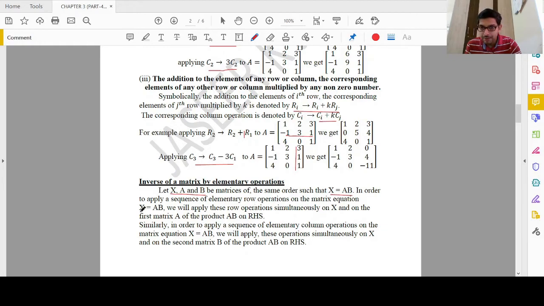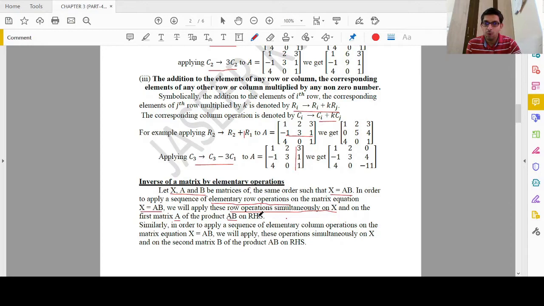So X is equal to AB is a matrix equation. So in order to apply a sequence of elementary row operations on this matrix equation, it is needed to apply this row operation simultaneously on X, that is the left hand side matrix, and on A only, that is the leftmost matrix of the product AB on the right hand side.